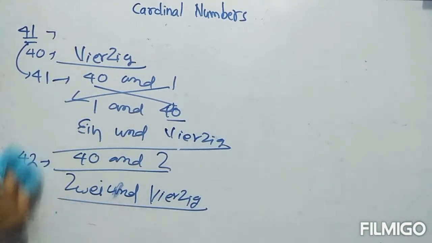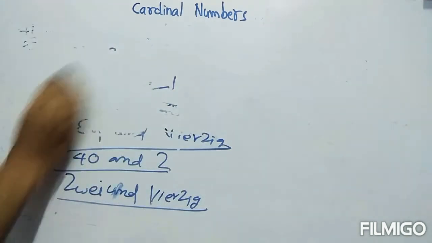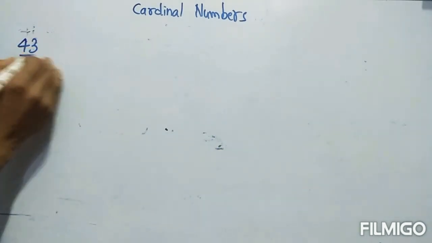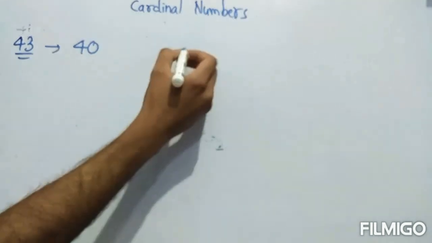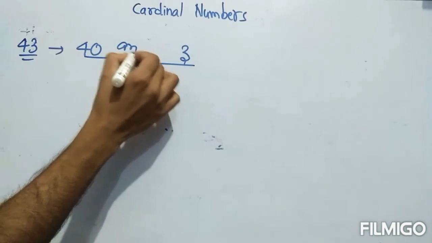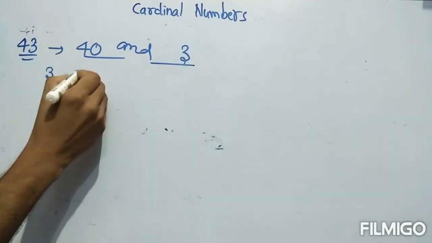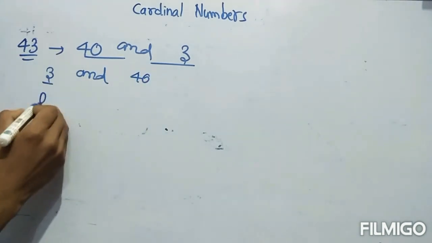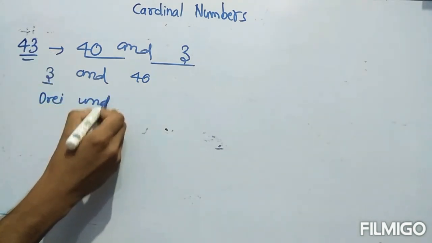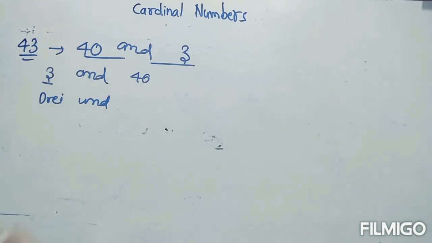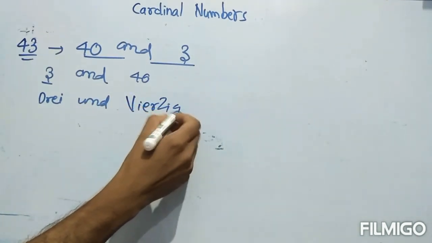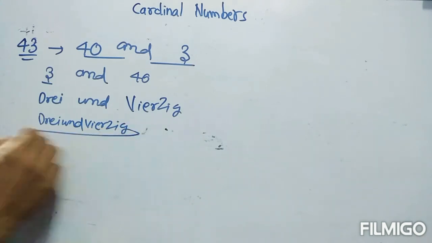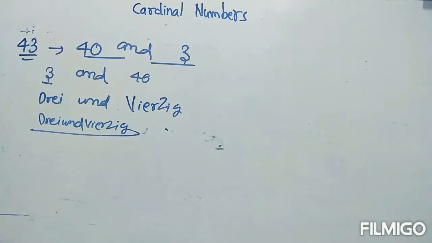Just like 41, 42, 43 also, we have to write the same pattern. 43, 40 tens, 3 ones, so we write first 3 and 40. 3 is drei and is und. 40 is vierzig. This becomes drei und vierzig. Follow the same pattern.